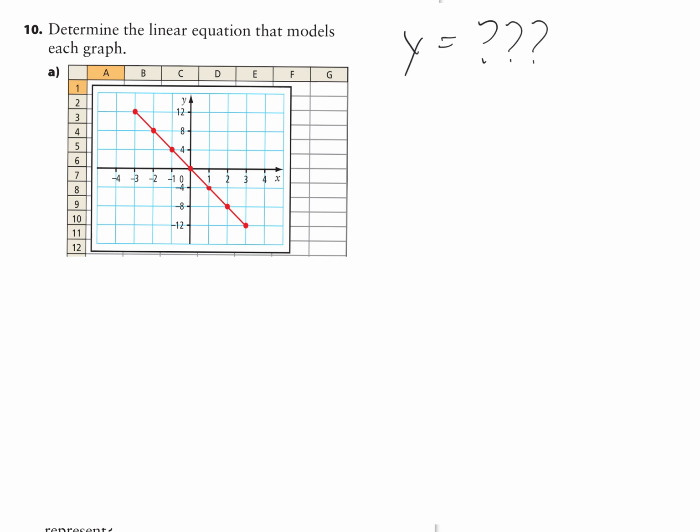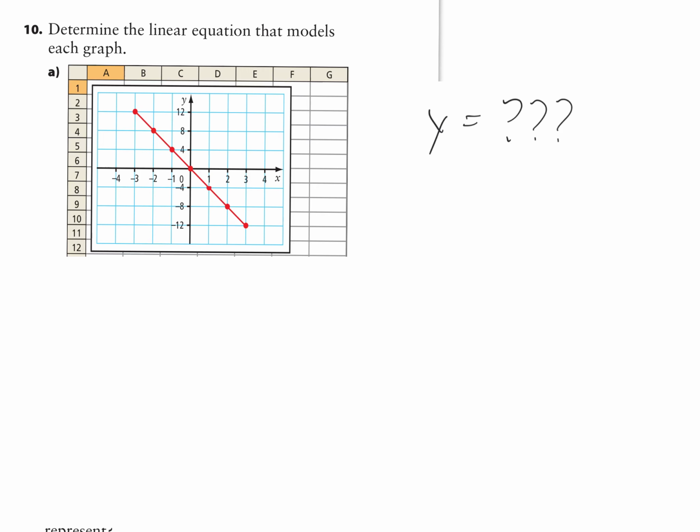All right. What we have to do is make a table of values based on this graph. We've got some points here, and we're going to make a table of values of a few of them.